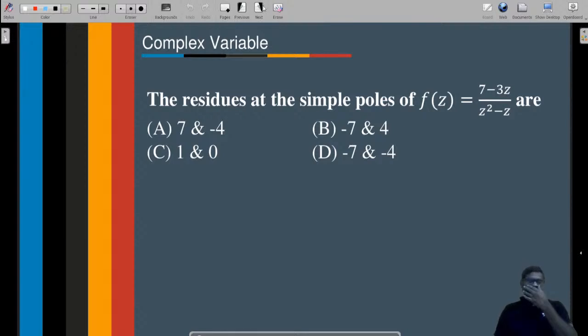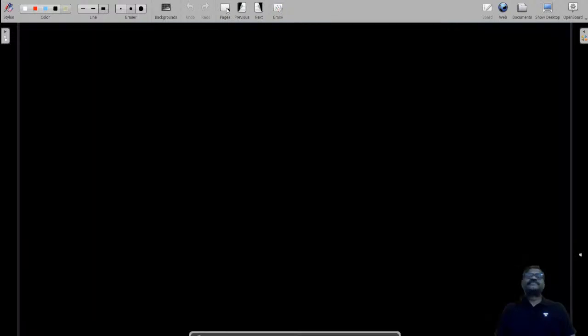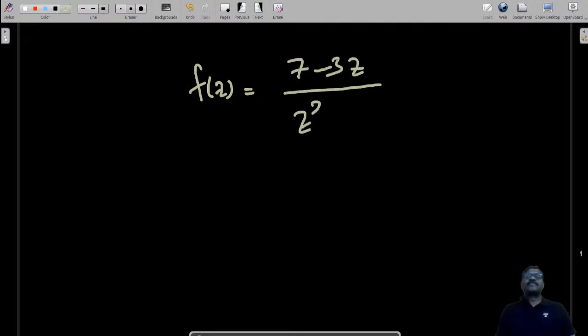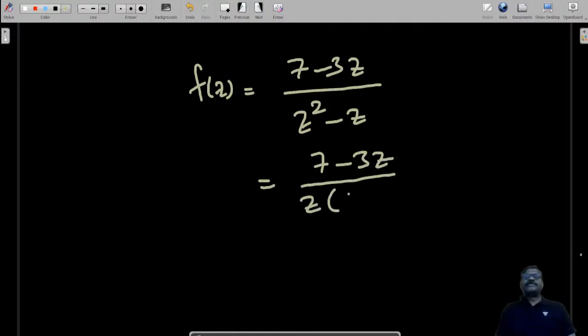Next, the residue at the simple poles of f of z equal to 7 minus 3z by z square minus z. That is 7 minus 3z by z into z minus 1.